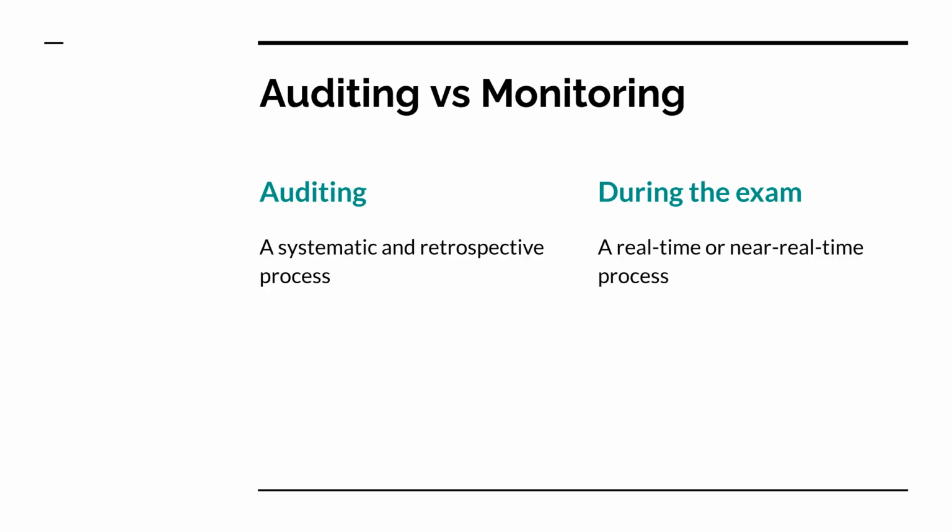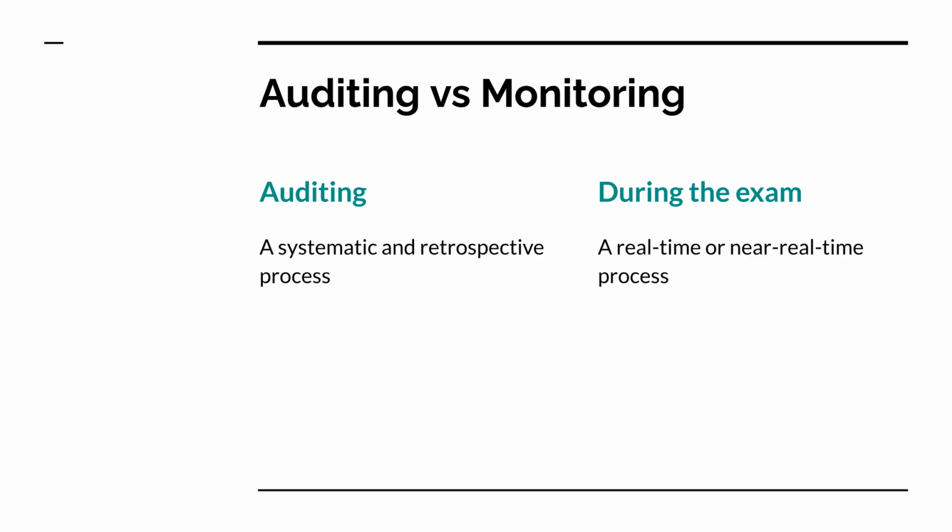2 important concepts you should master for your exam and your career are auditing and monitoring. Auditing is a systematic and retrospective process. It involves reviewing logs, records, and activities to ensure compliance with security policies, detect anomalies, and verify that processes are working as intended.